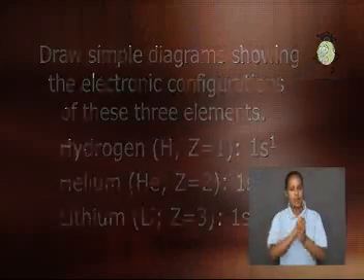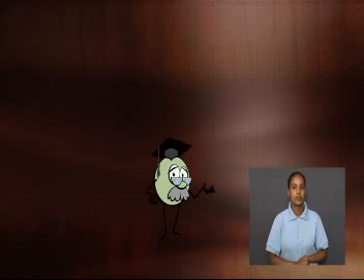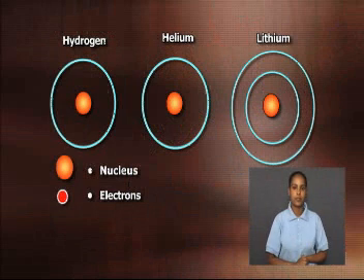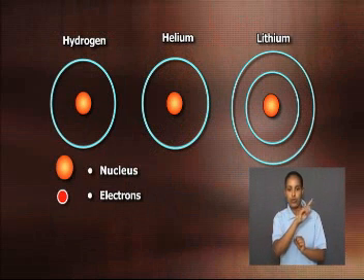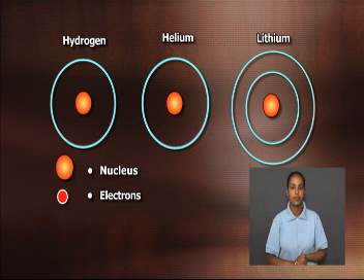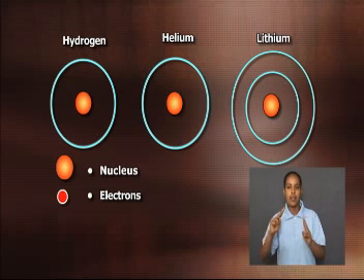Time's up! Let's get back to our lesson. Hello again, students. How did you do with this activity? Please compare your drawings to those that are on the screen. These three elements provide a great example of the Aufbau principle.